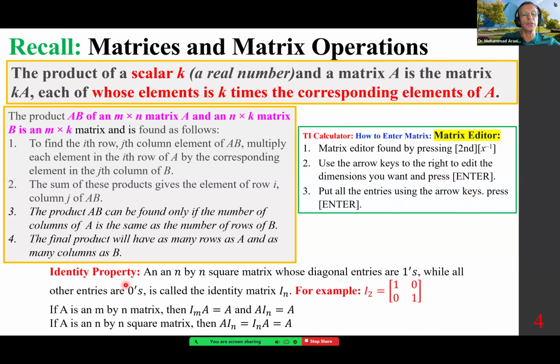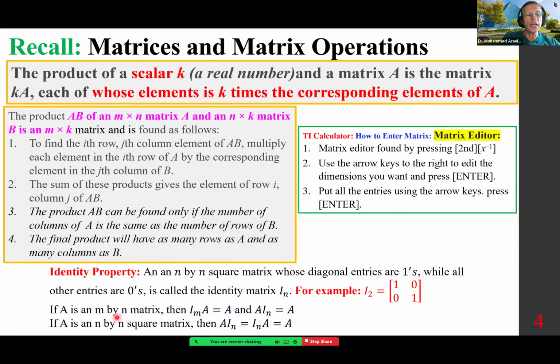Identity property. An n by n square matrix whose diagonal entries are ones while all other entries are zeros is called the identity matrix, I sub n. That means the dimension is n by n. For example, I sub 2 would be 1, 0, 0, 1. Notice the main diagonal is 1. Every other entry must be 0.